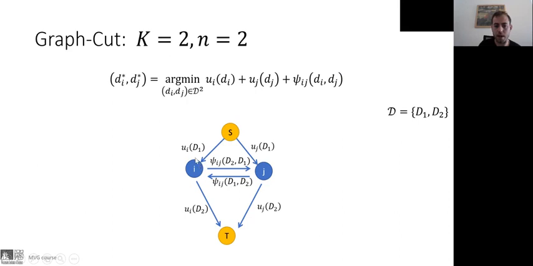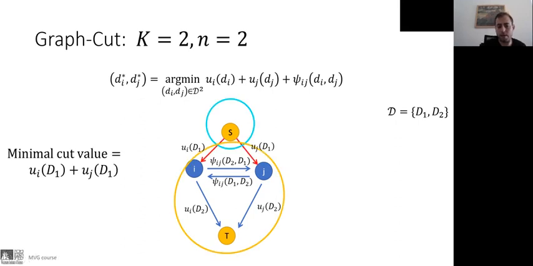For the edge from S to I use UID1, from S to J, UJD1, and UJD2 for this edge, and UID2 for this edge, and I have the smoothness terms for edges between I and J. Okay, so let's see what happens.